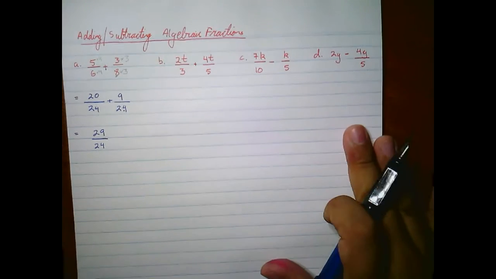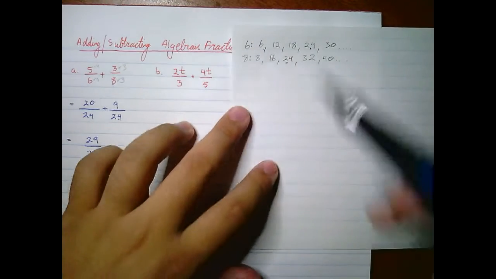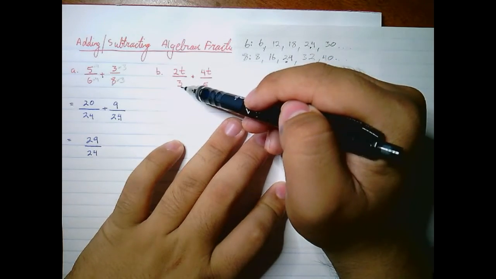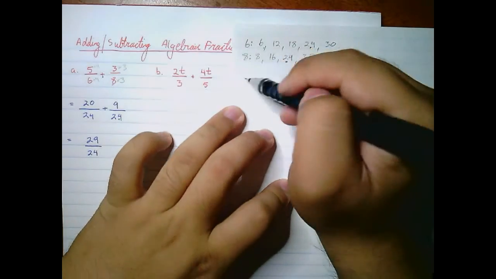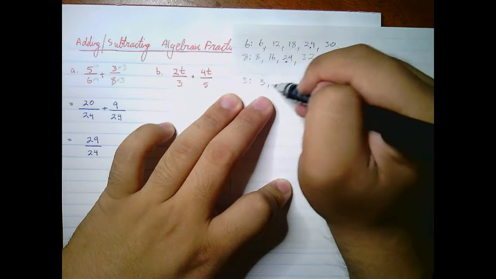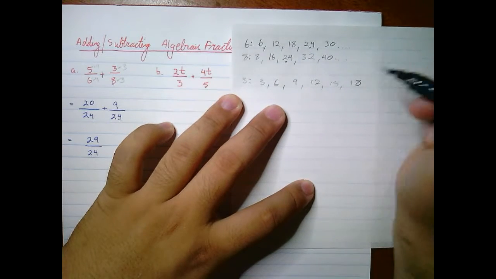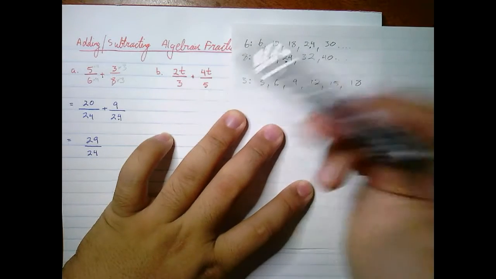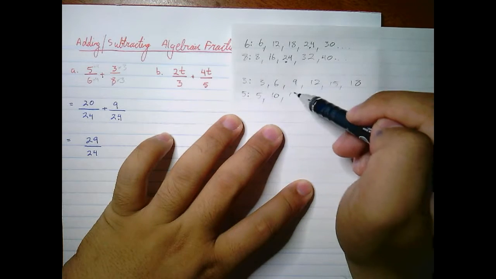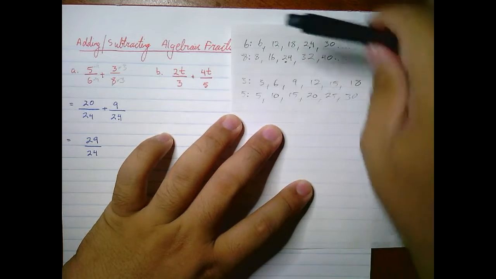Let's continue. We're on question B now. Once again, I want the lowest common multiple between 3 and 5. I'm just going to write them down here. For 3, we have 3, 6, 9, 12, 15, 18. And for 5, we have 5, 10, 15, 20, 25, and 30.